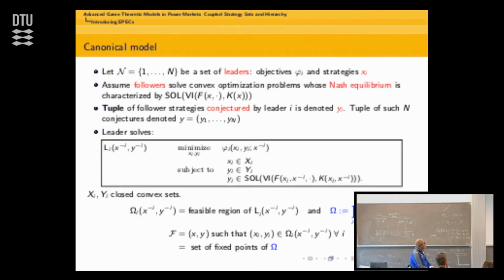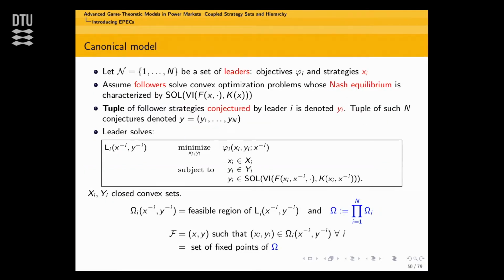Okay. So let's provide a little more structure now. So now we have the script N representing the index set of players 1 to n. It's a set of leaders. Each player is characterized by an objective phi i and a strategy xi. Assume the followers solve convex optimization problems whose Nash equilibrium is characterized by the solution set of a VI.